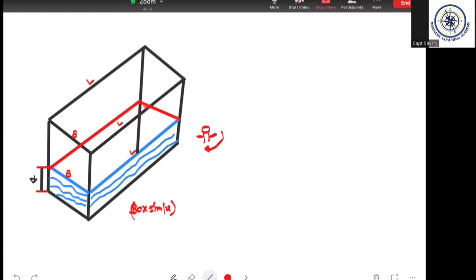Or if I lift this shape with a crane, the portion of the ship which is still lying on the surface of water, like a stamp, will qualify as the water plane area, in case of a box shaped ship. Understood or not? So in this case, if I draw a water plane area, the water plane area will be this.